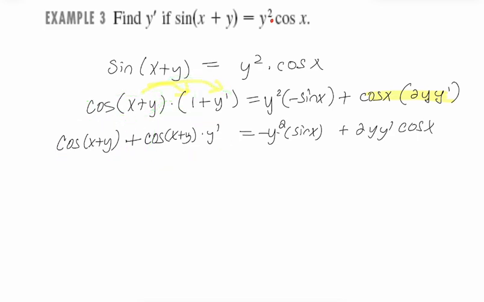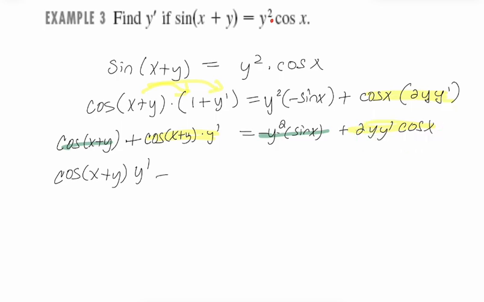Okay, so I just cleaned it up slightly, didn't do much, but the terms that contain the y primes are going to go to the left. The terms that do not are going to go to the right. We're always going to do that after we get all the terms ready to go. Okay, so I'm going to leave the cosine of x plus y, y prime, and then I have to subtract this one over.